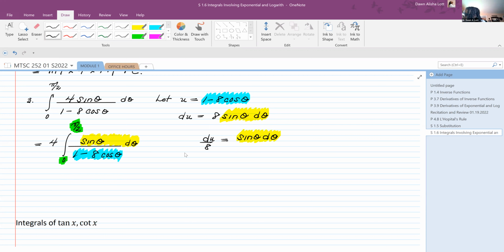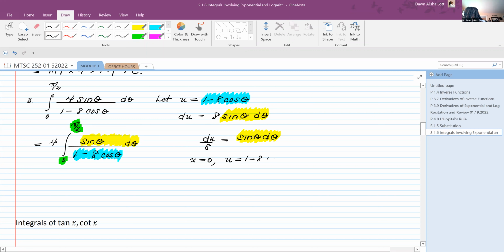Okay, so I now know that when x is equal to 0, u is equal to 1 minus 8 times the cosine of 0. The cosine of 0 was 1, so that is -7.